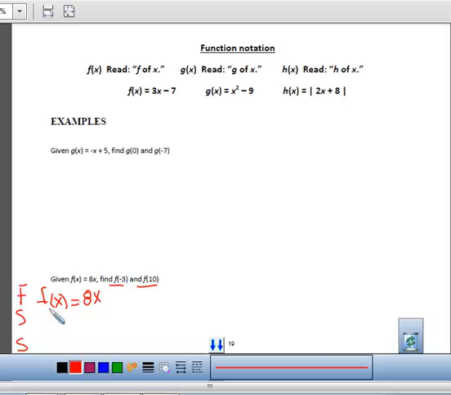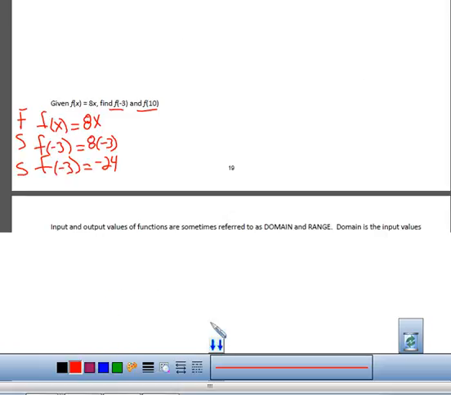Substitute your value in for your input. So negative 3 is our input. What then is our output? When our input is negative 3, our output is negative 24. So write it as a point, negative 3, comma, negative 24.